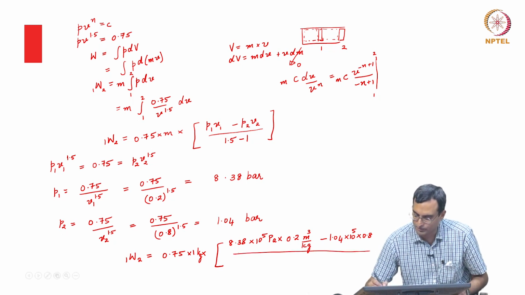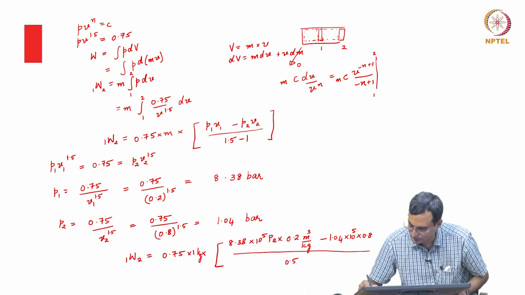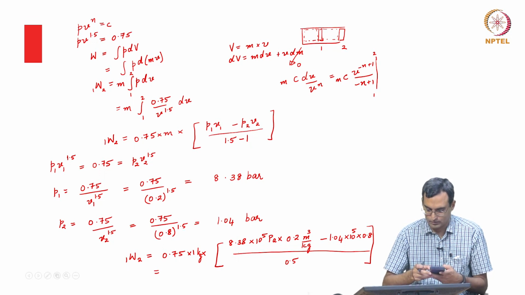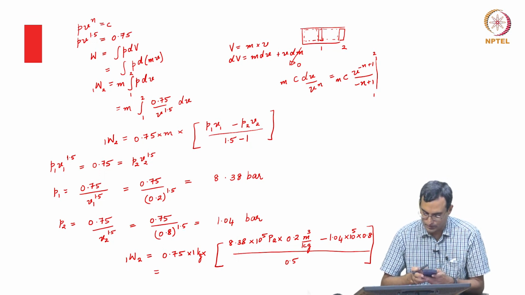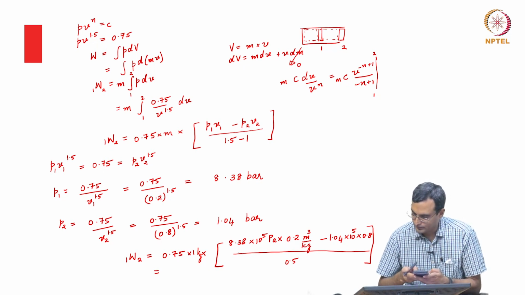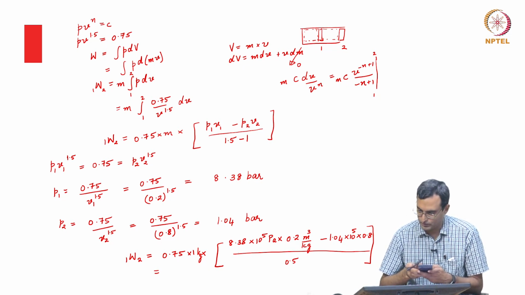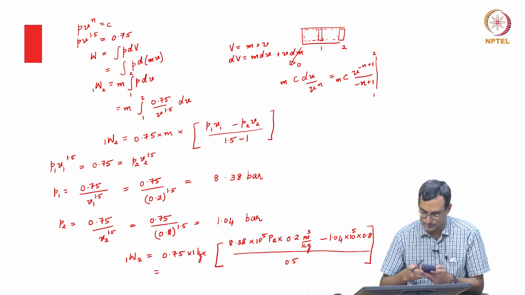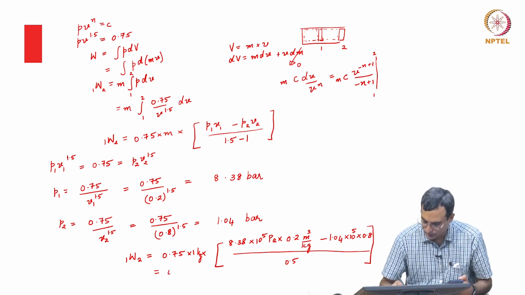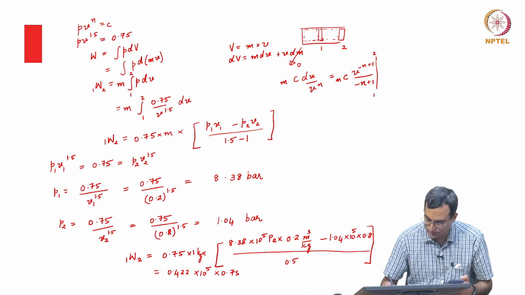Whole divided by 1.5 minus 1, which is essentially 0.5. So, I have 8.38 into 0.2 minus 1.04 into 0.8. So, I have about 0.422 into 10 to the power 5 into 0.75, which I haven't yet multiplied.